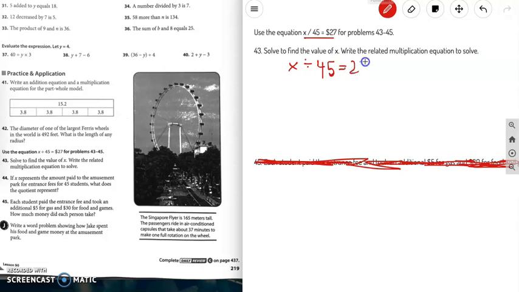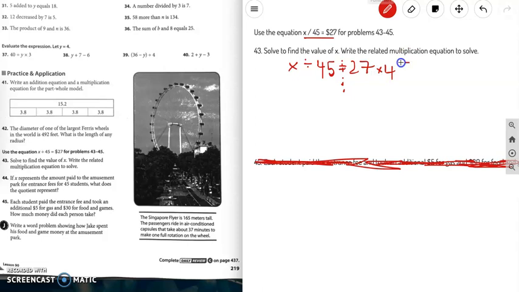Well, you have to separate the variable from the numbers, and the equal sign is like our wall. So we have to put all the variables on one side and the numbers on the other. We gotta separate them. They don't like each other. How do we separate them? Well, we have to put this 45 and division sign over there. How do we do that? We just do the opposite operation. So this one is divided by 45, right? So we're gonna multiply 45 on the other side.